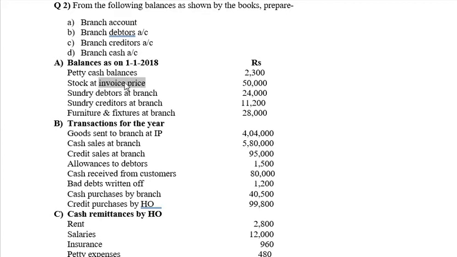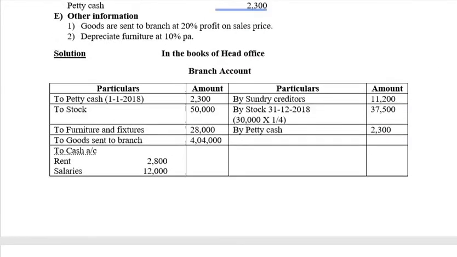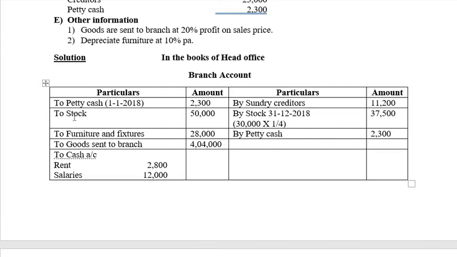We'll calculate loading at the end, but right now we will have the posting of stock being done. Stock at invoice price, what is the amount? The amount is 50,000. So this goes to the debit side of the branch account. So to stock, that is opening stock, 50,000. I'll write here, to opening stock, 50,000. All right, next.